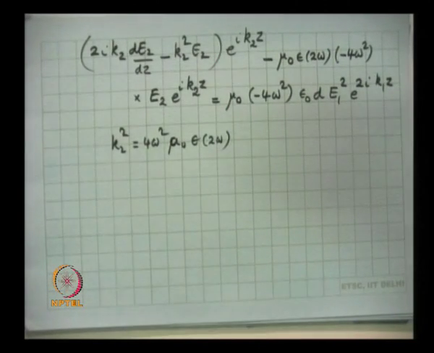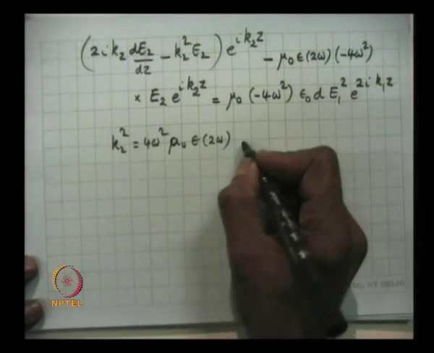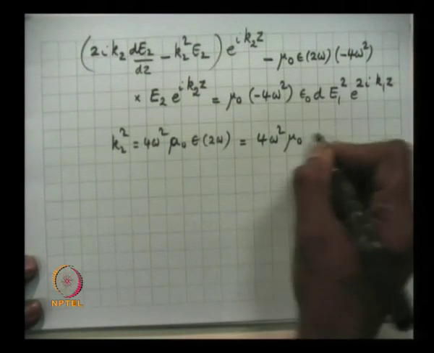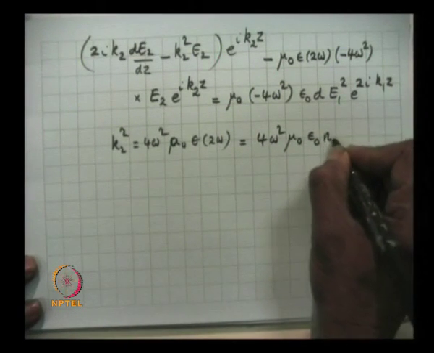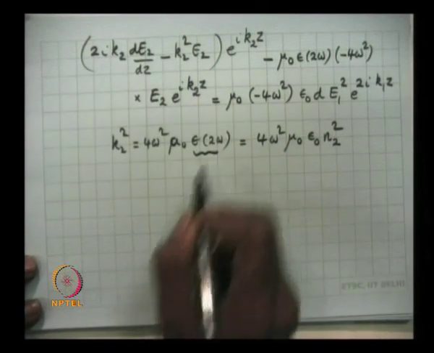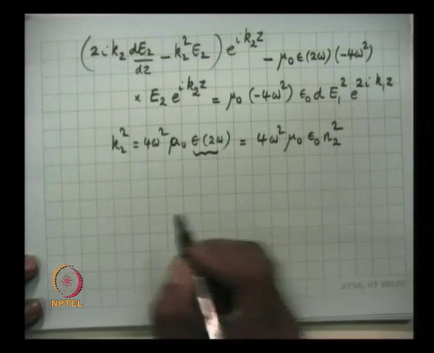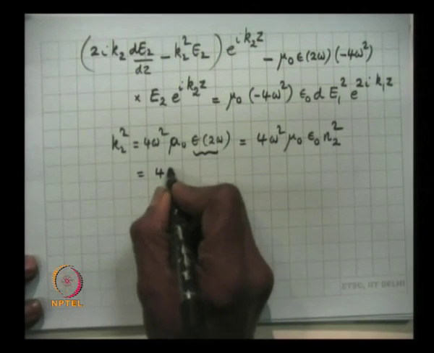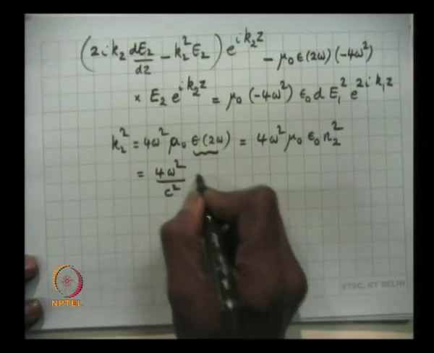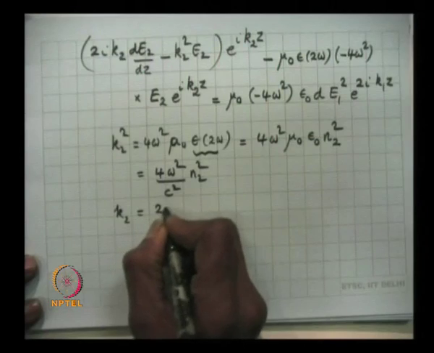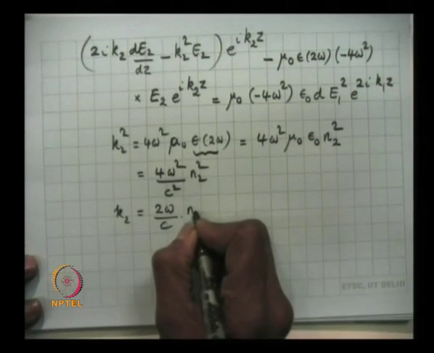If you substitute, you will get 4 omega square mu 0 epsilon 0 into n 2 square. Remember, epsilon at 2 omega is epsilon 0 into square of refractive index, and mu 0 epsilon 0 is 1 by c square. So, 4 omega square by c square n 2 square. So, this implies k 2 is equal to 2 omega by c into n 2, which is what we have assumed.